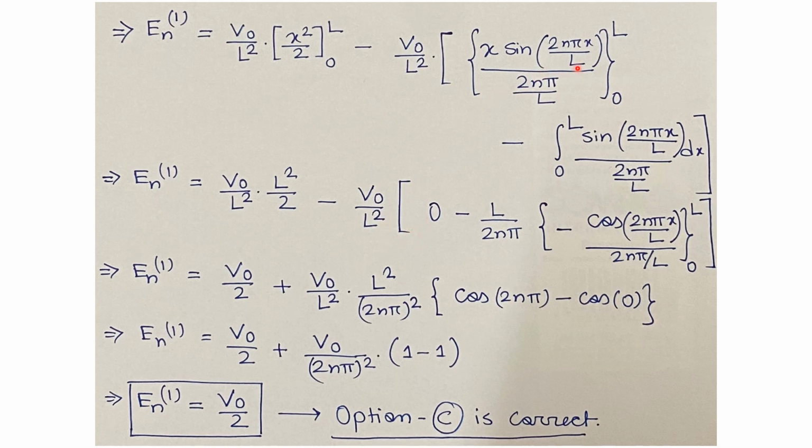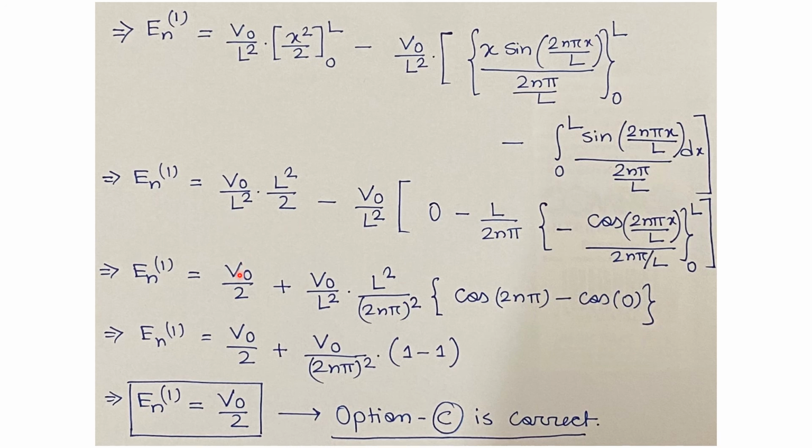So basically at x equals L, this will give sine 2 n pi, which is 0, and at x equals 0, this whole term x sine 2 n pi x by L will be 0. So effectively it will give 0, and we have to perform this integration again. So this will give L by 2 n pi times minus cos 2 n pi x by L whole divided by 2 n pi by L from 0 to L.